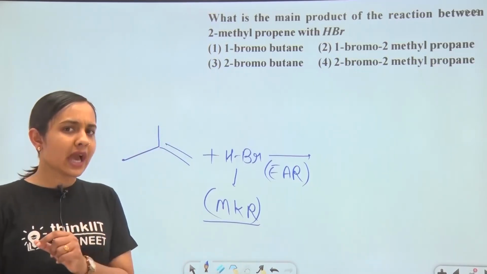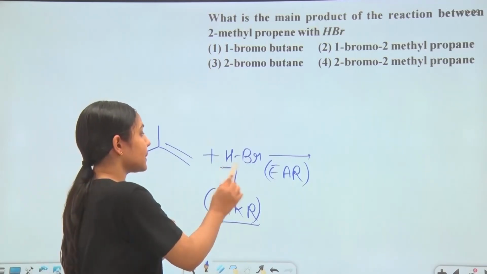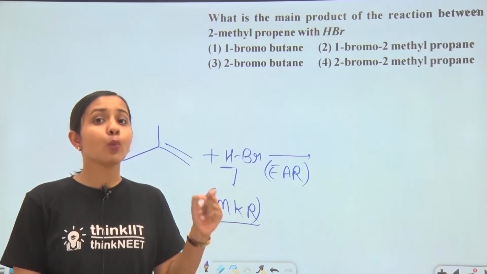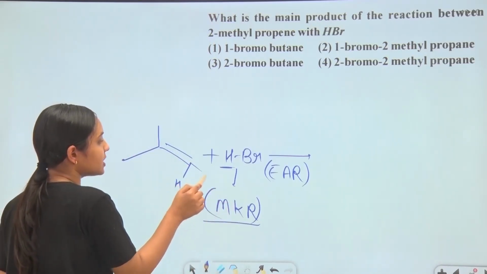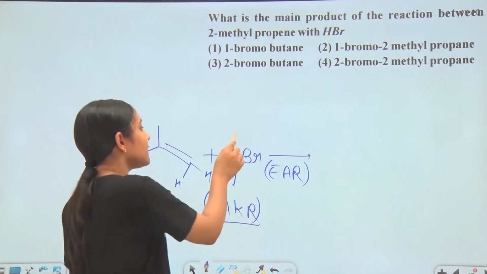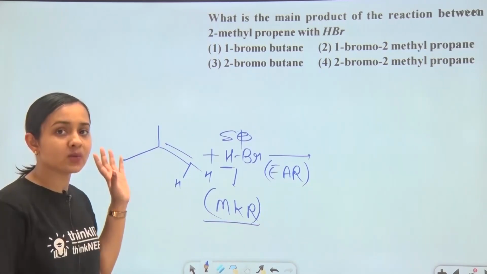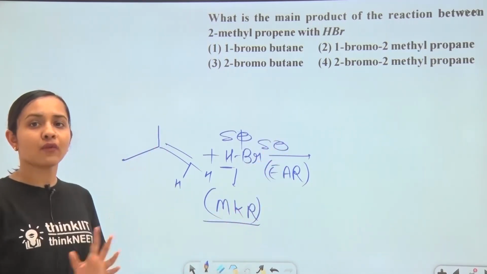In this rule, first of all, the electrophile will go to that carbon atom which contains more number of hydrogen, and we know that this carbon atom contains 2 hydrogen. So the electrophile will go to that carbon atom which contains more number of hydrogen, and the nucleophile will go to that carbon atom which contains less number of hydrogen.